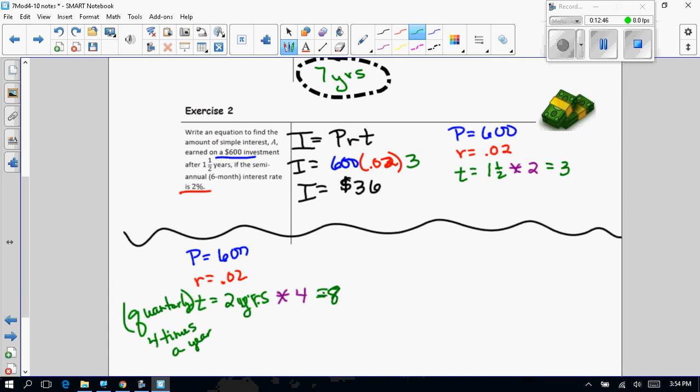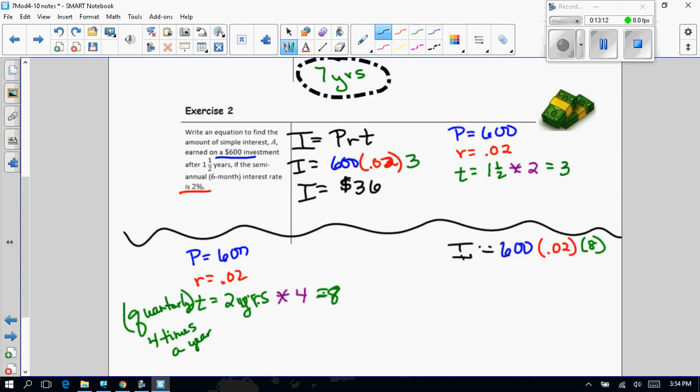So it's the same as if it was 8 years. So let's figure this out. Interest is equal to 600 times the rate times the time, but it's not the 2 years, it's going to be the 8 because it's getting compounded or checked in every 3 months.